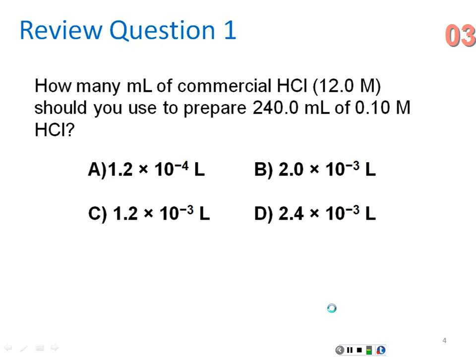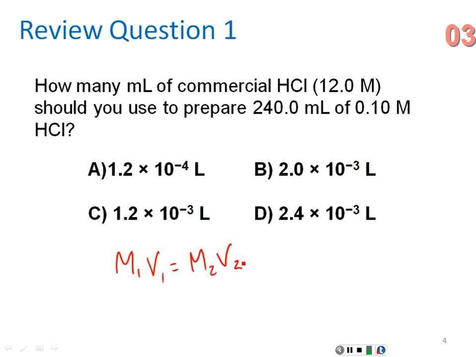Okay, so let's work through this. If you remember these important equations, M1 V1 equals M2 V2. You can also think of this as C1 V1 equals C2 V2, because the M in this equation stands for molarity.